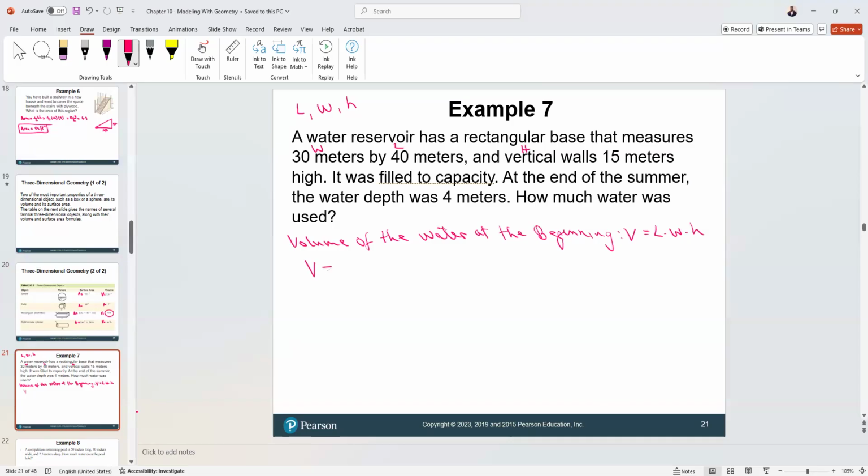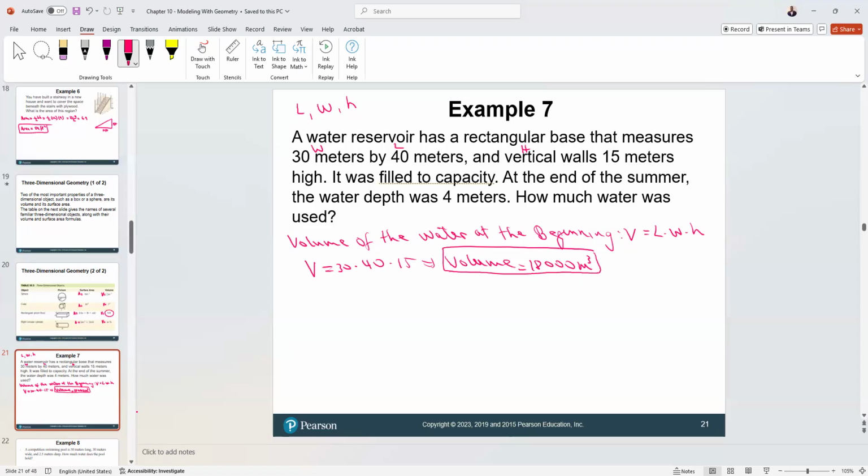So that volume would be 30 times 40 times 15, which is 18,000 cubic meters. Remember, it's cubic. That's the water we have at the beginning.